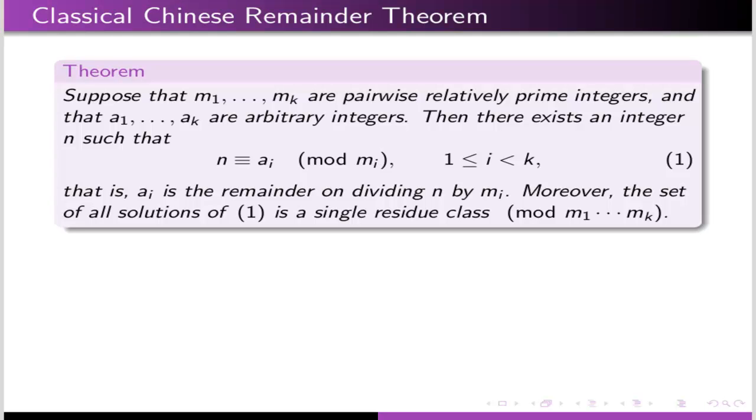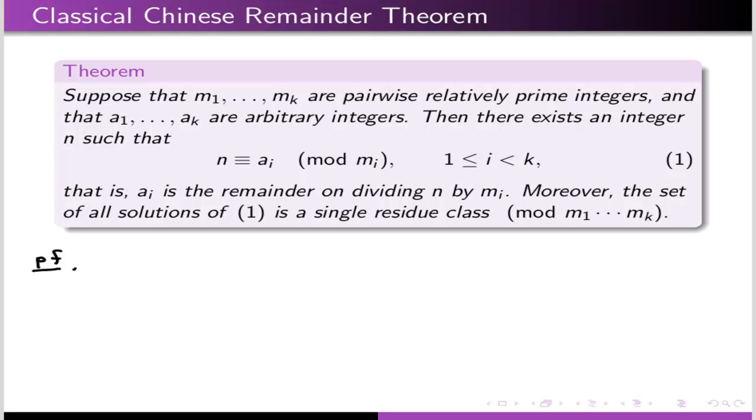That is, and here's where the name of the theorem comes from, a sub i is the remainder in dividing n by m sub i. Moreover, the set of all solutions is just a single residue class mod the product of the given moduli.